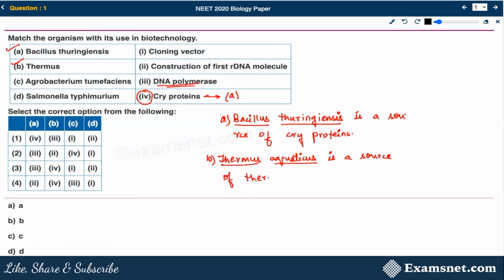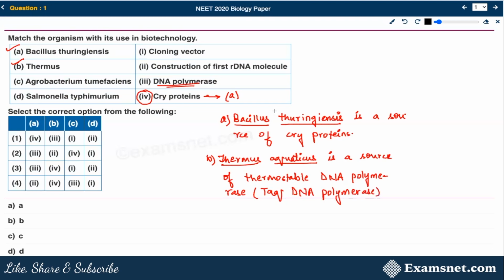thermostable DNA polymerase. Why thermostable? Because they are very much resistant to high temperature. So they are a source of thermostable DNA polymerase, which is also known as Taq DNA polymerase.